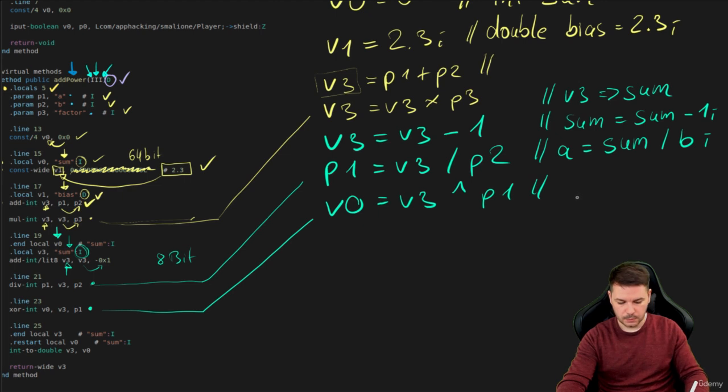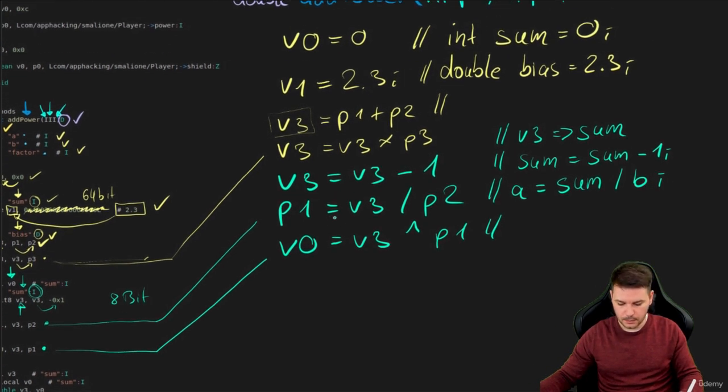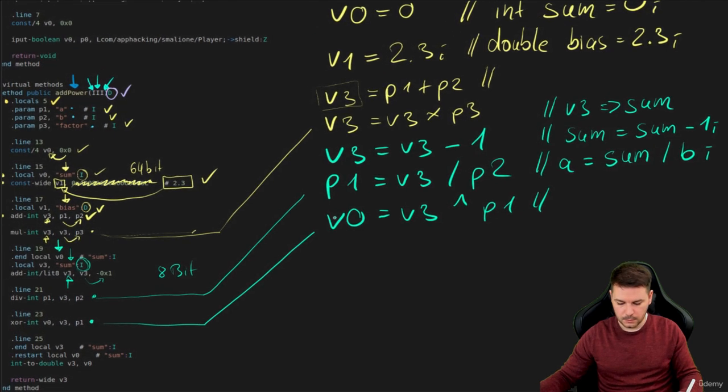In this case, v0 is now, let's scroll up a little bit. Also interesting. We can see right now we are using v0 as a register. But at this point, we have switched from v0 to v3 for the register or the label sum.